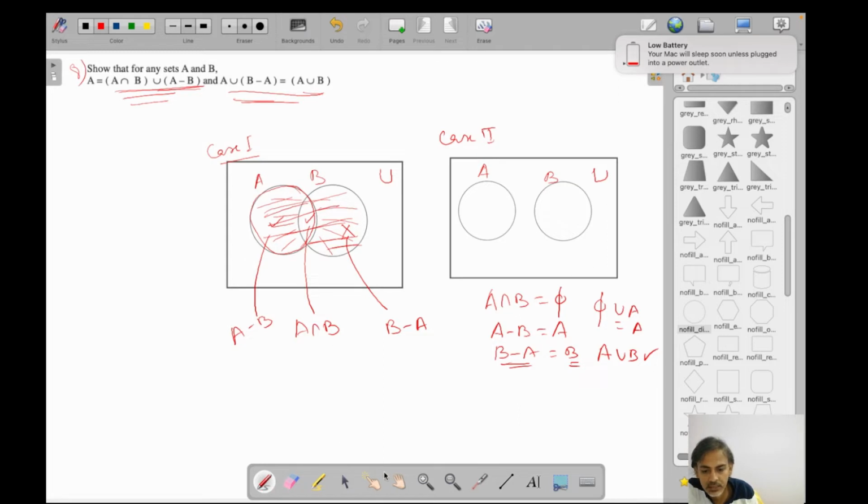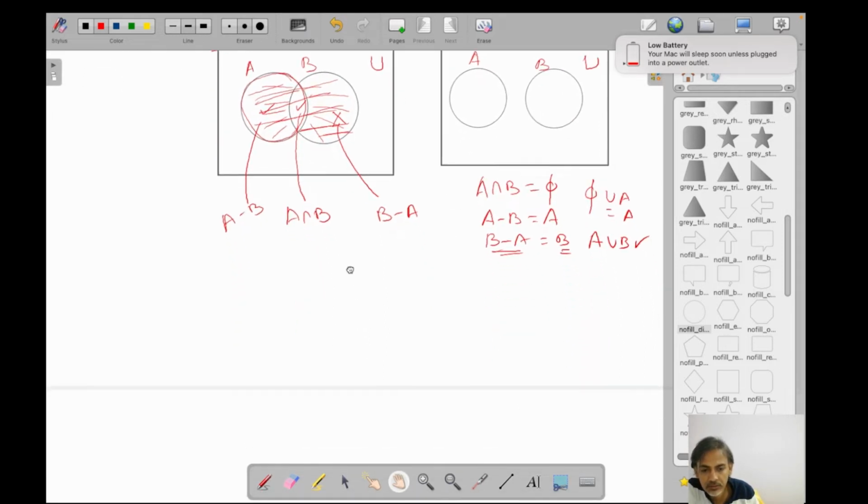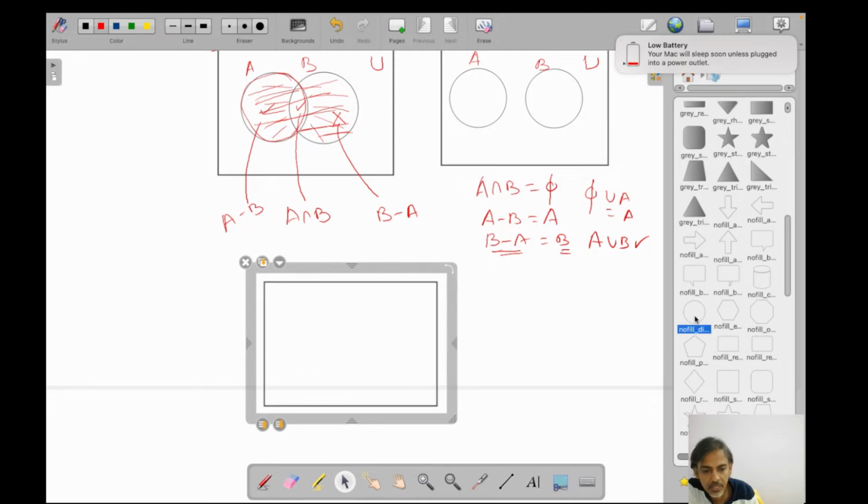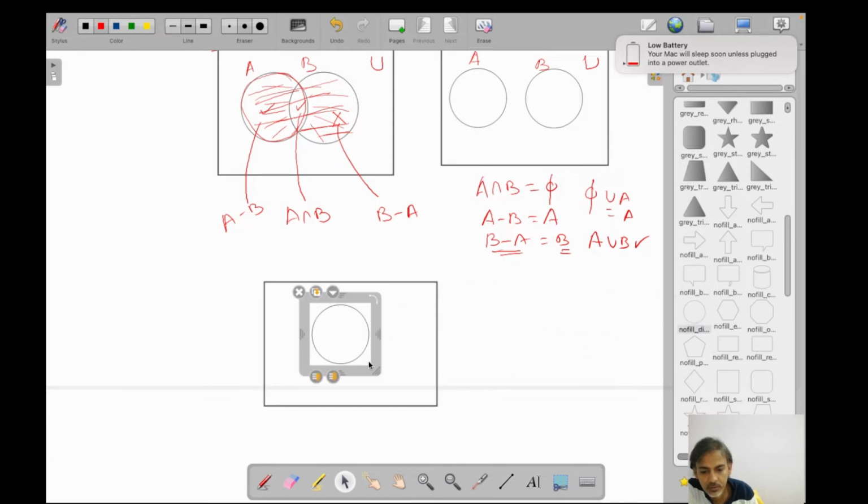Let's take another case, where A becomes a subset of B. So let's look at this case as well, wherein this one is bigger, and I take another one within this. So this is my U, B is a superset and A is my subset.